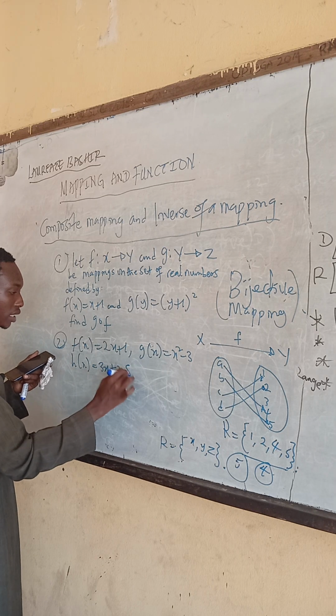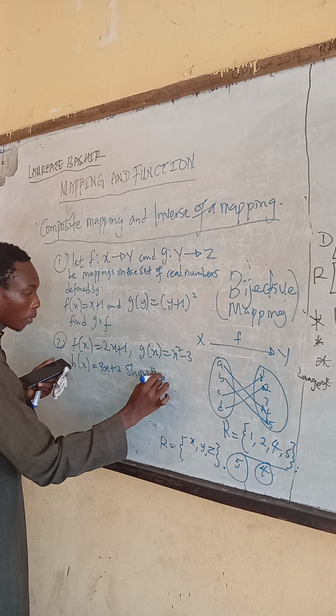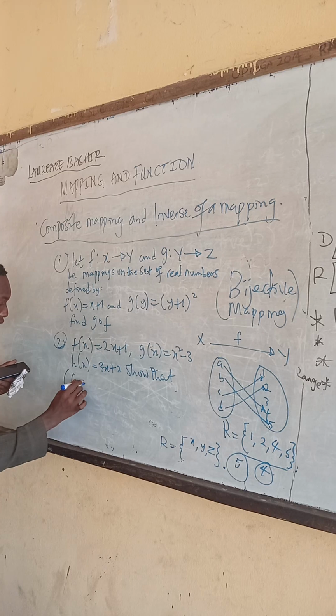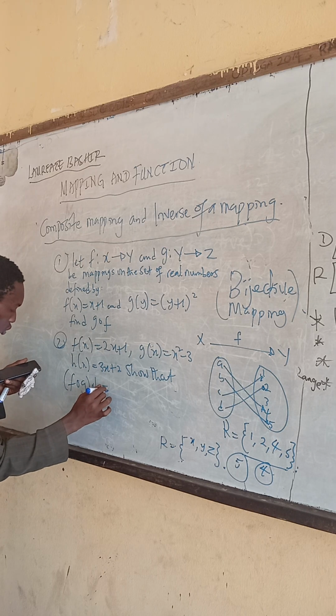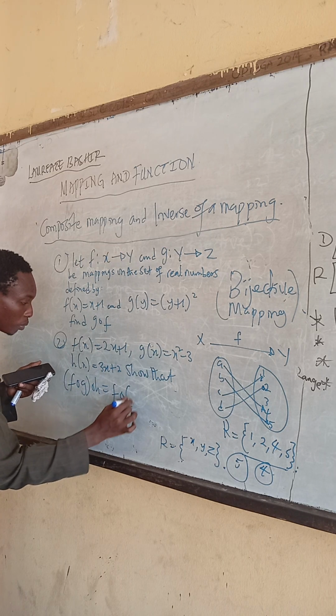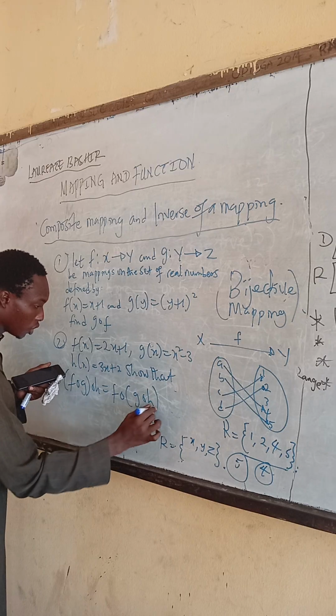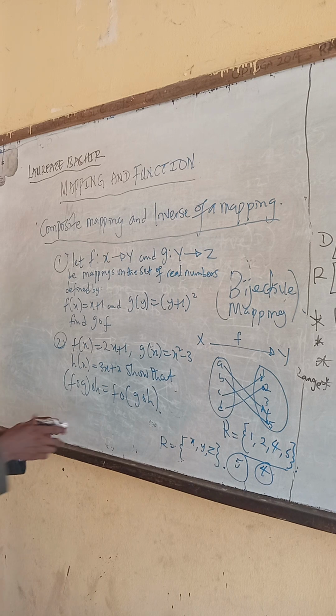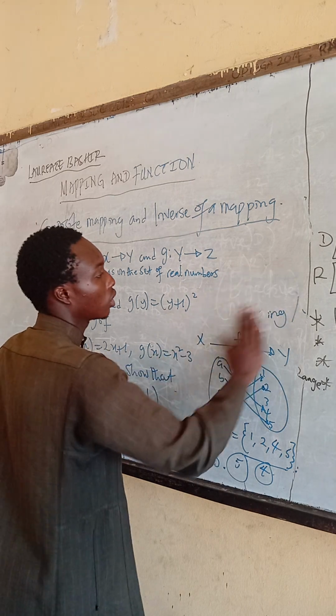They now say show that (f composite g) composite h equals f composite (g composite h). So let's see these two questions. Solution.